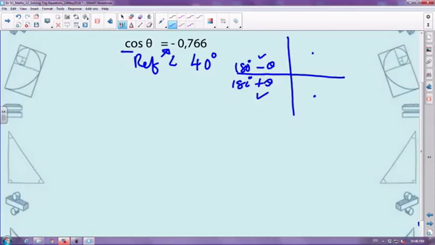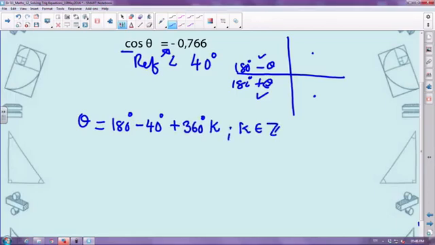Now, we are going to have our theta equals 180 degrees minus 40, right? Plus, remember, the period for cos is 360 degrees times k, and your k is an element of any integer. Or your theta is 180 degrees plus 40 plus 360k.